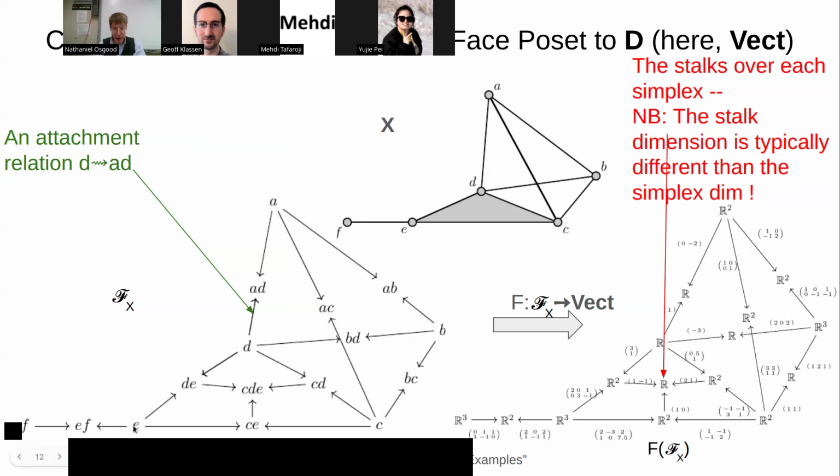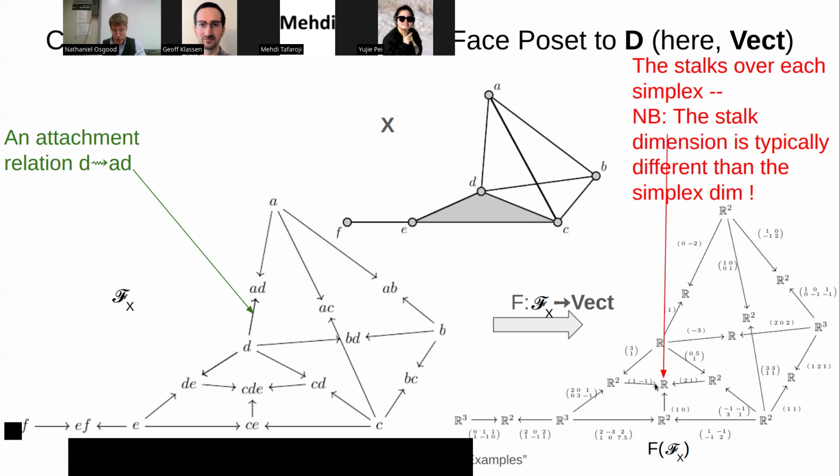We might have a different stalk associated with D. Maybe it's just the temperature outside or something like that. That's not only true for vertices, it's also true for higher simplices like DE and CDE.